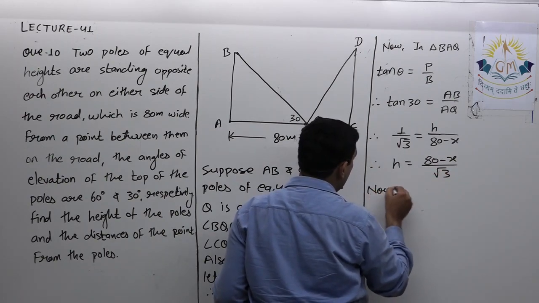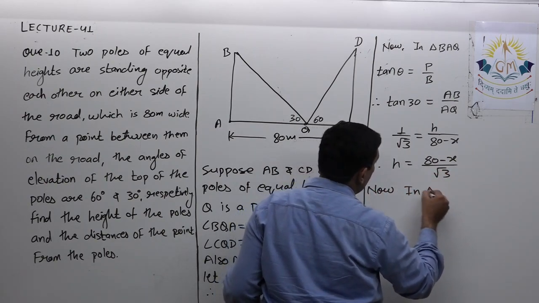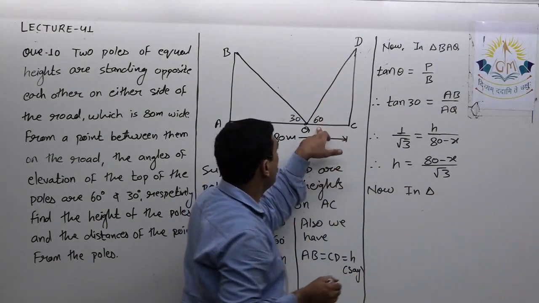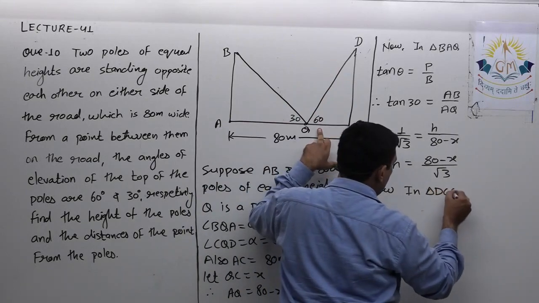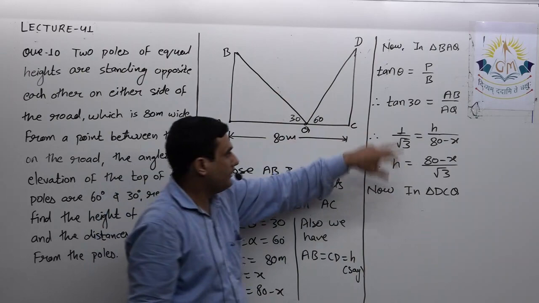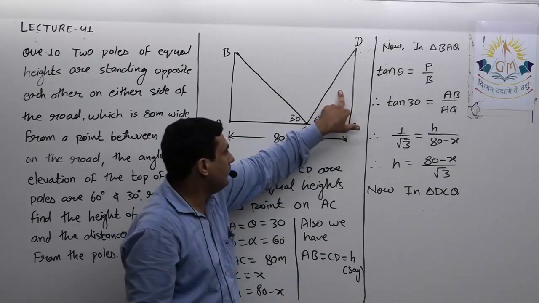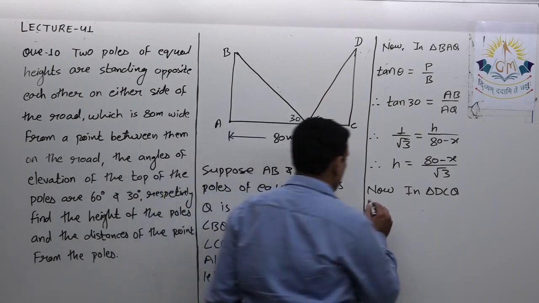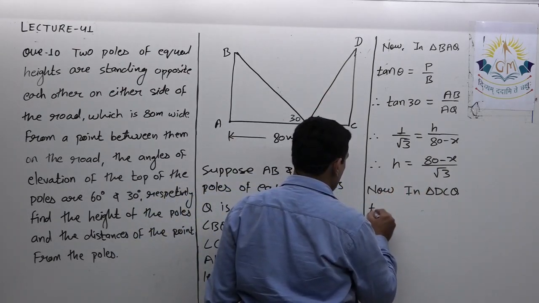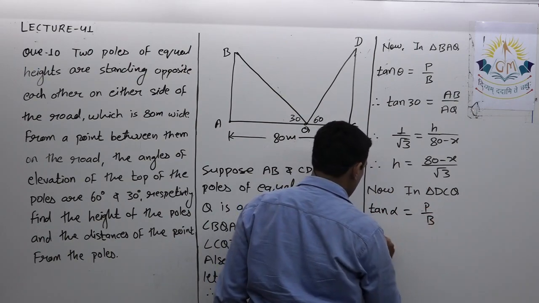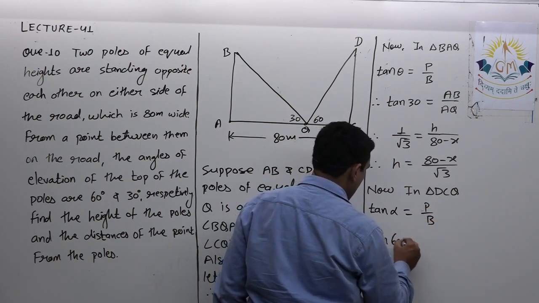After triangle BAQ, I will come to triangle DCQ. From the first triangle, when I applied tan I got the value of H. Similarly I will apply tan to get DC, that is H. So in triangle DCQ, tan alpha is equal to perpendicular upon base, that is tan 60.